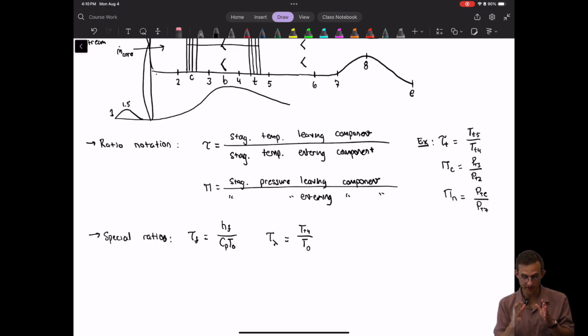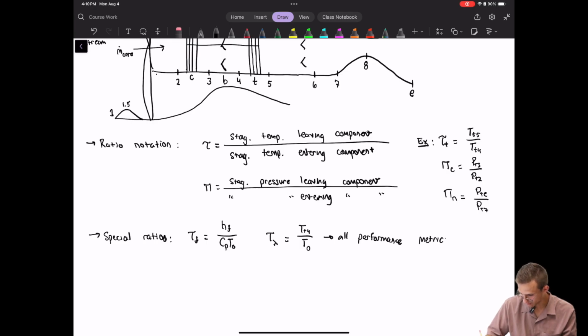And TT4 is a really important value in the engine. All engine performance metrics essentially improve as TT4 increases.